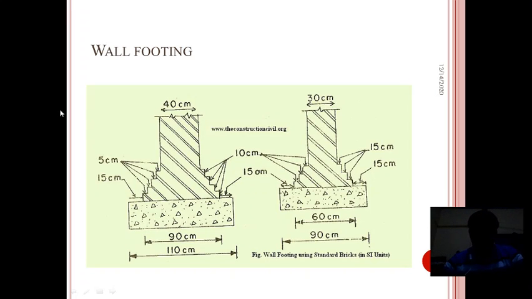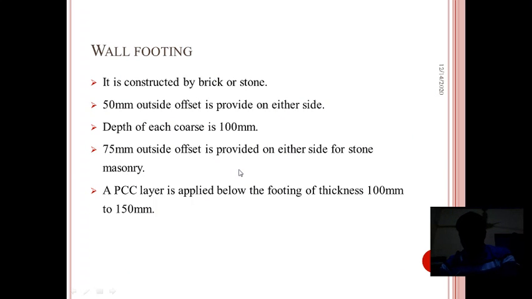Here in this case we have given an offset of 15 centimeter on either side: on the left side 15 centimeter, on the right side 15 centimeter. At the higher level it has been decreased to 5 centimeter, and here the depth of that increment is 10 centimeter or 100 mm.